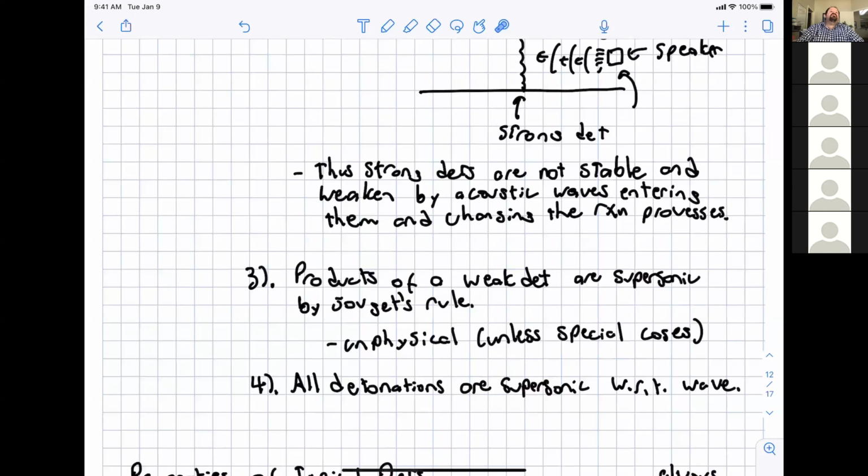Experimentally, you can produce a weak detonation, but you need to start looking at the structure equations to analyze how to do that. We will discuss that starting on Monday.